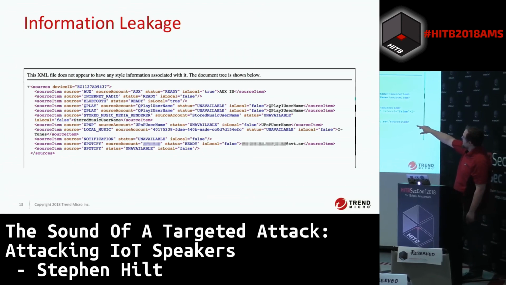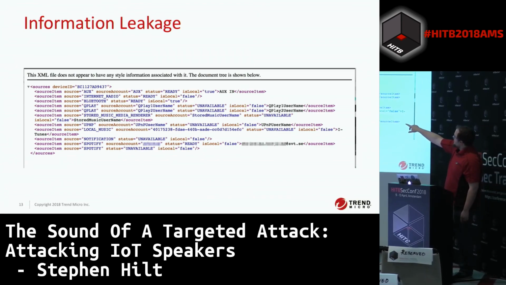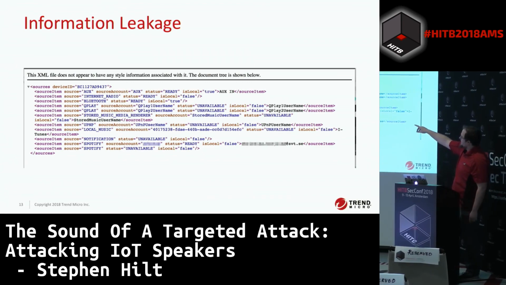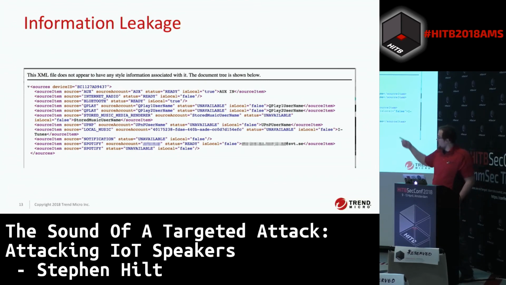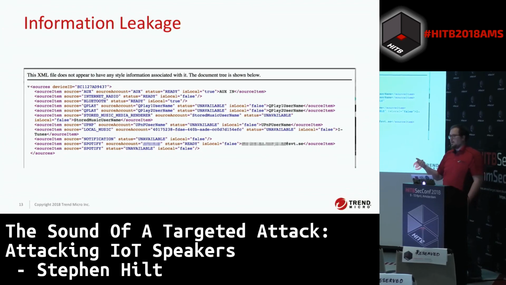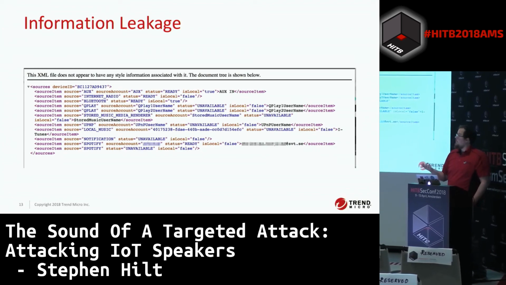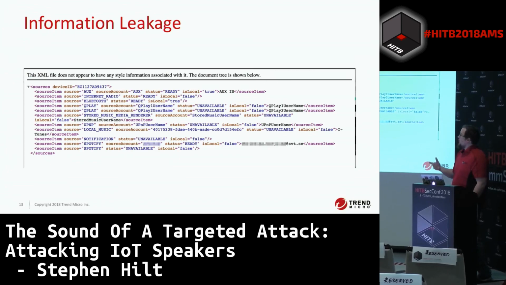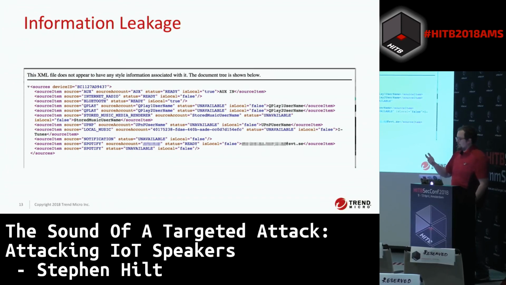So you see, where is it? Aux is the source. There's Bluetooth, and a couple other ones that are listed there, and how it's actually being played, whether it's over the phone that's connected to it via Bluetooth, or through an aux port, or if it's being done over Wi-Fi.